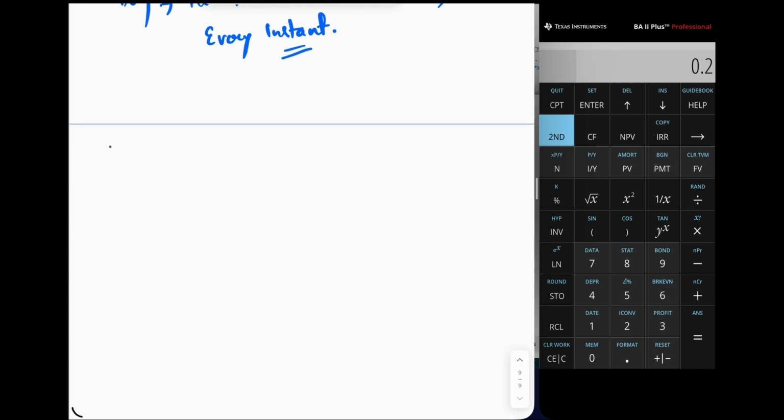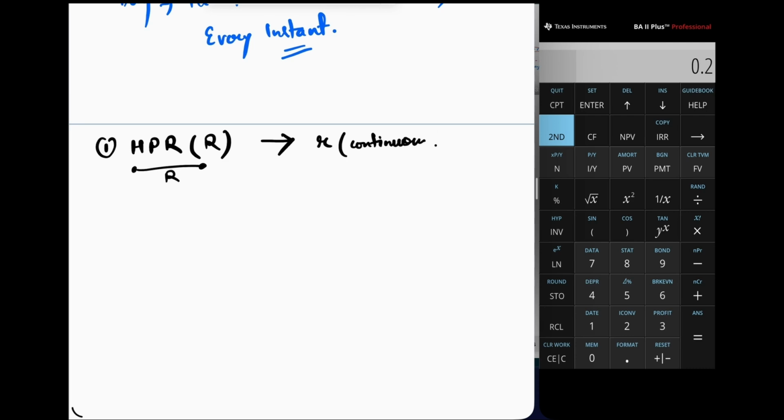Whenever you are given the holding period return, which was one big movement, and the starting point and the destination are the same, and you want to calculate the continuous compounding rate, small r, what was the formula?